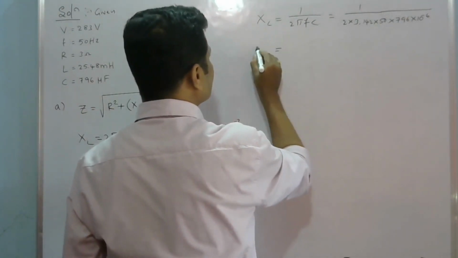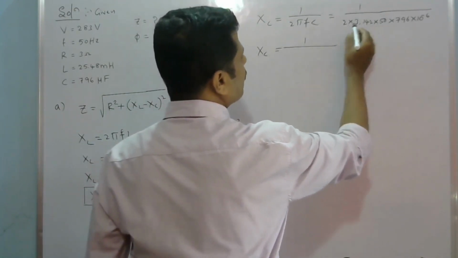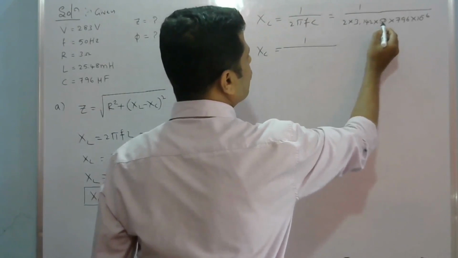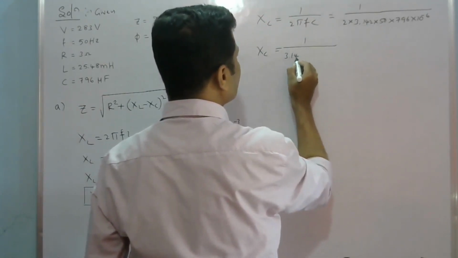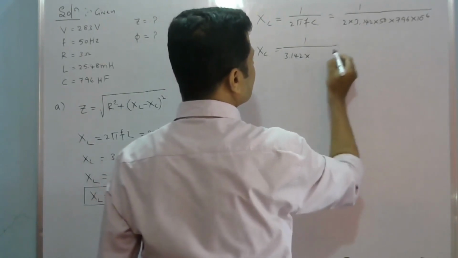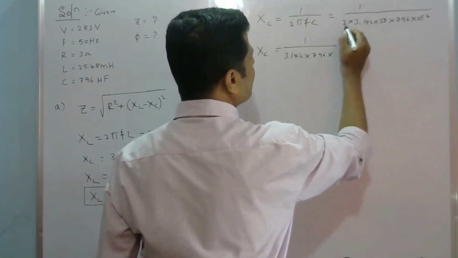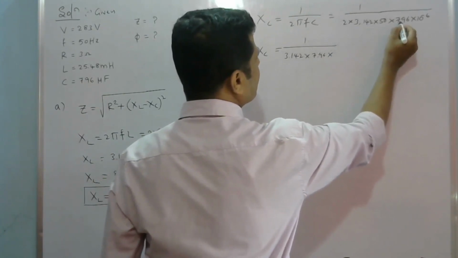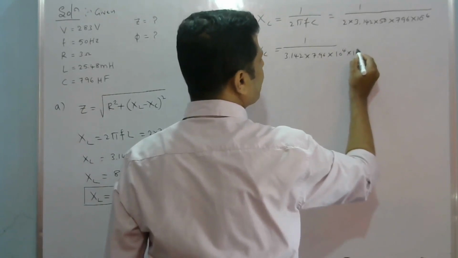On simplifying this, XC equals 1 divided by 2 into 50, 100, into 3.142 into 7.96, and here we have 10 to the power of 4 and already 10 to the power of minus 6.